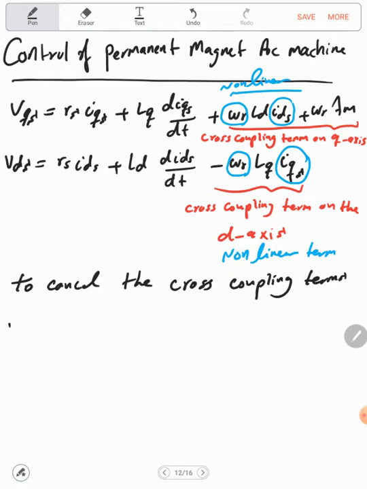I will rewrite VQS as UQS, another input yet to be designed, and I need to cancel those two terms.